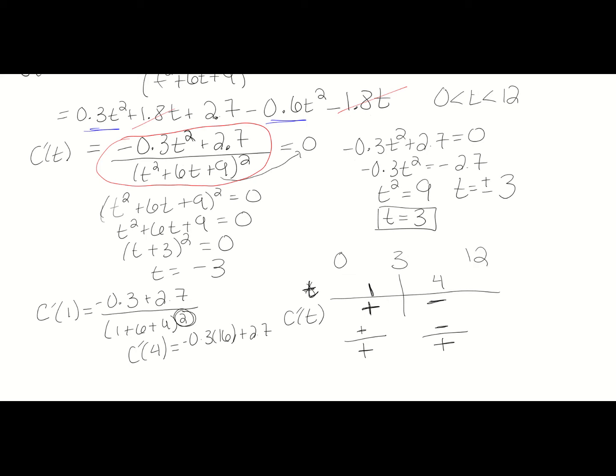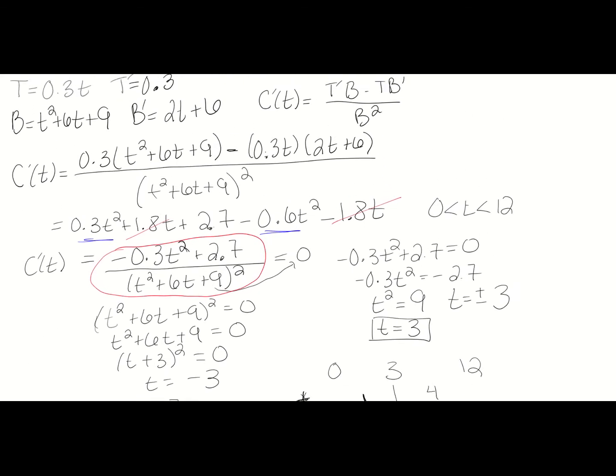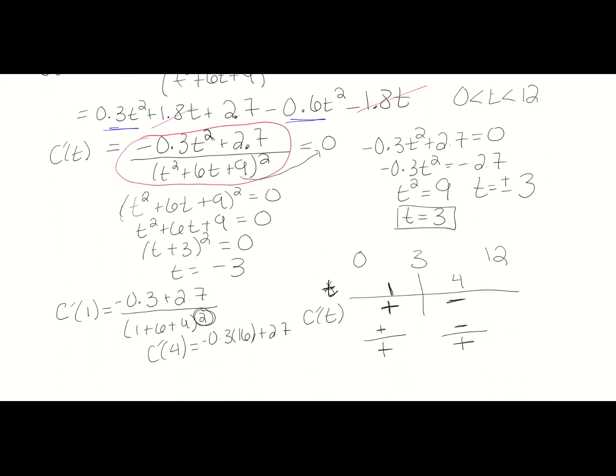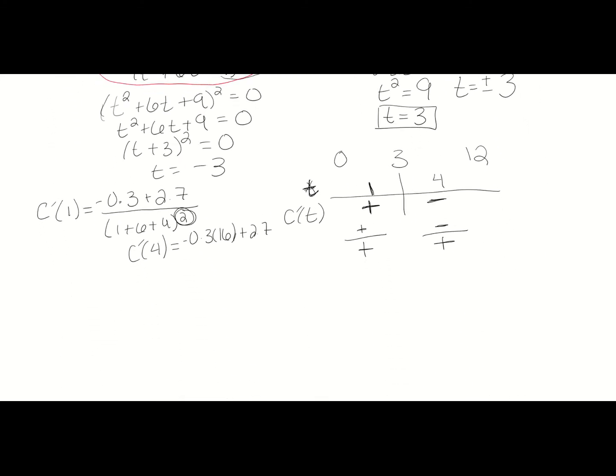Okay, so if you take a look at what the question was asking again, it said find the intervals on which the drug concentration is increasing and decreasing and the local extrema. So the drug concentration is increasing from 0 to 3 hours, and it is decreasing from 3 to 12 hours.